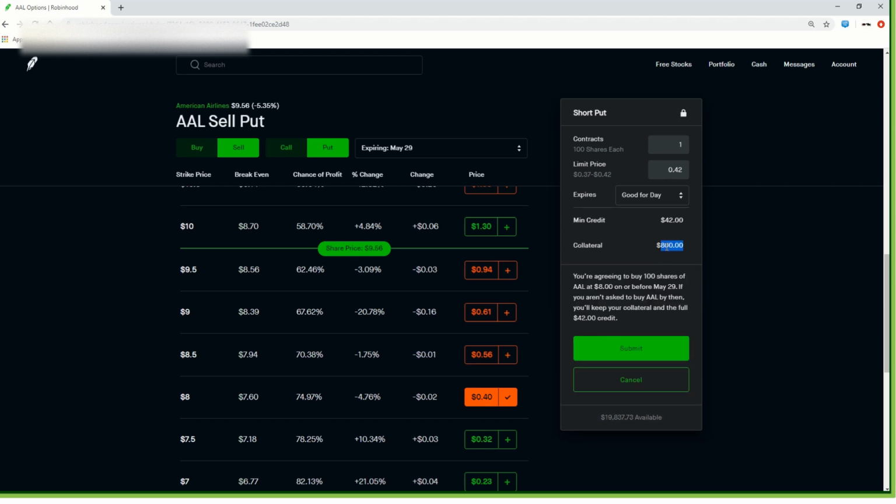Now this will collect collateral of $800 in case American Airlines drops below $8 by May 29th.